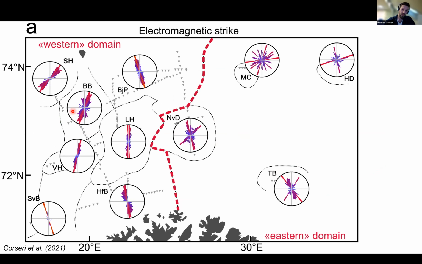If you move to the west, where you start to see the influence of the North Atlantic rift systems, you can see that the strike has a north-south dominance. This is important when you plan your modeling strategy, whether 2D or 3D.